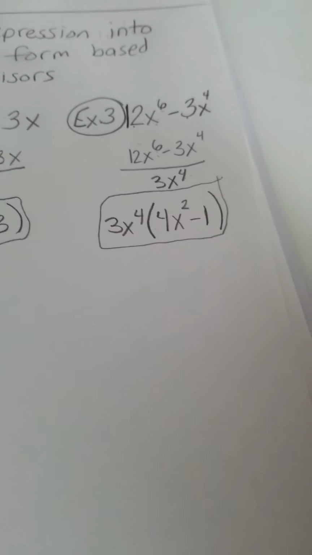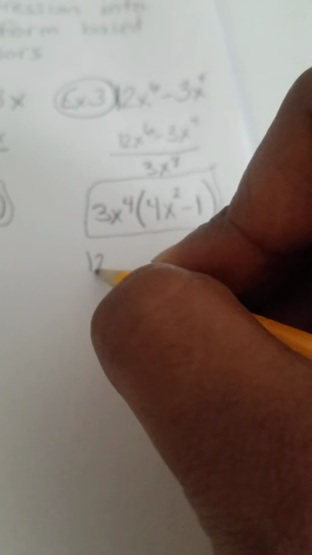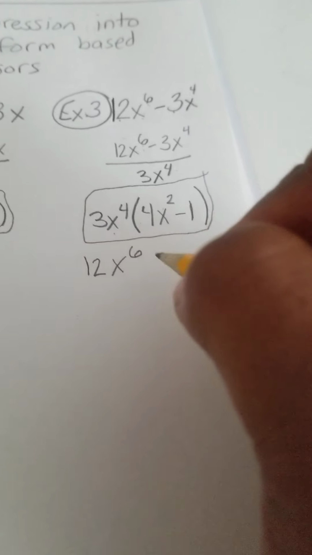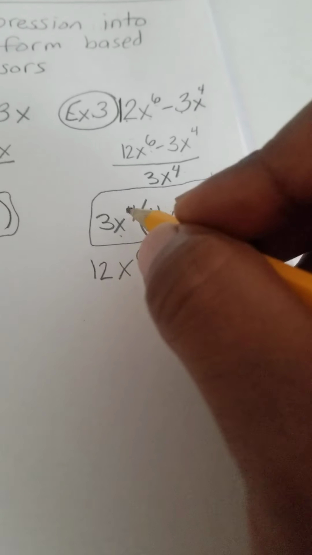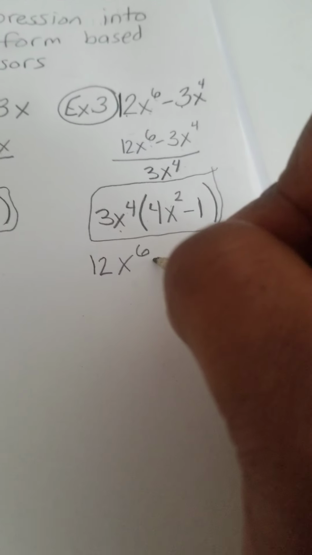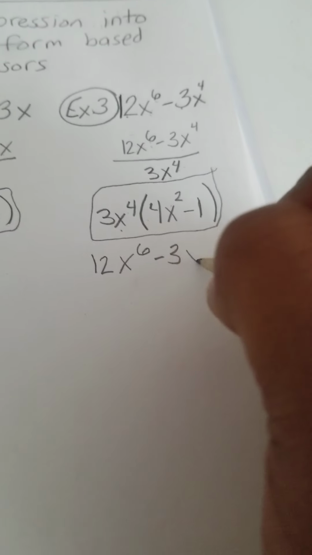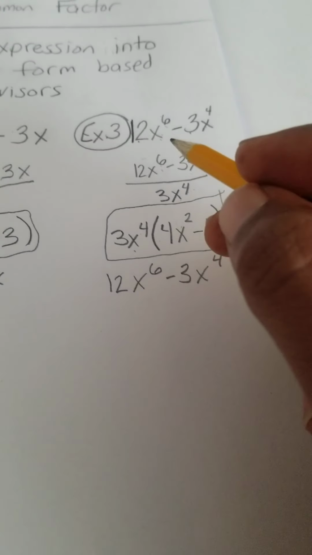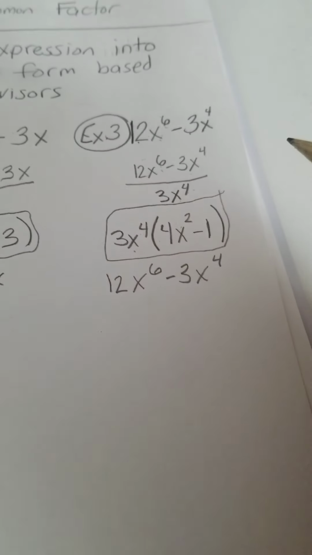So to double check it, to make sure I factored it correctly, if I do distributive property, 3 times 4 is 12. x to the fourth times x to the second is x to the sixth power. 3x to the fourth power times negative 1 is negative 3x to the fourth power, which is exactly what I started with at the top.